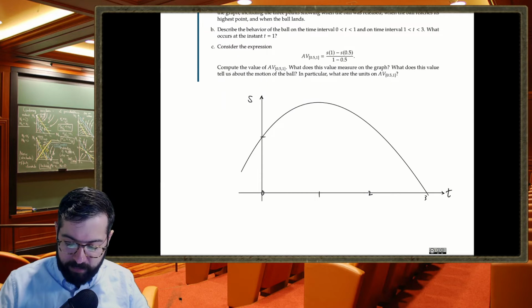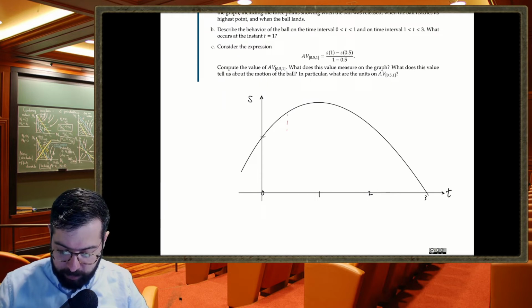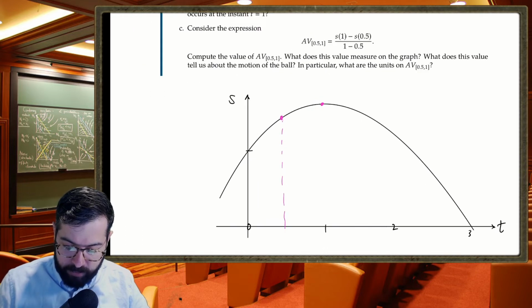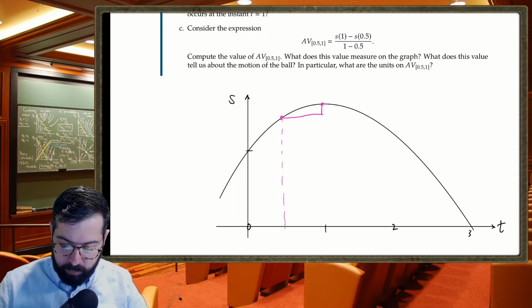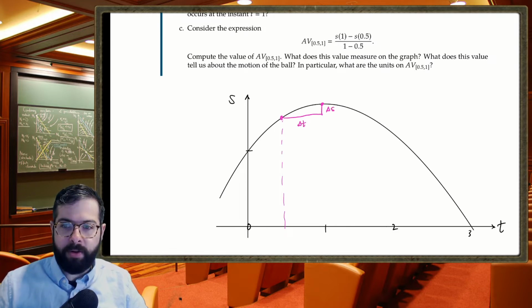So from 0.5 to 1 is really talking about from this point to this point. And we're looking for the rate of change, the delta S over the delta T of this window here.